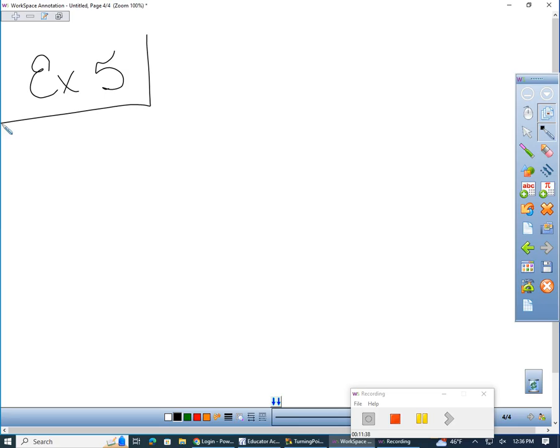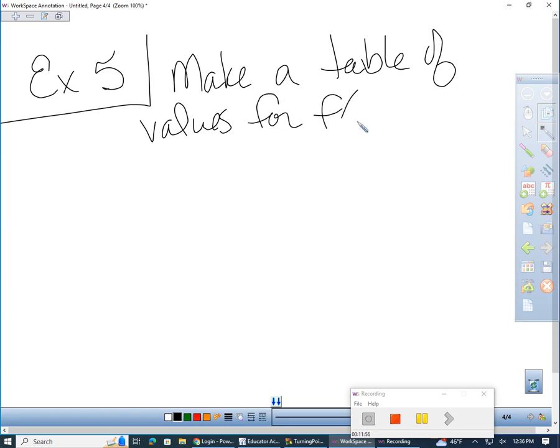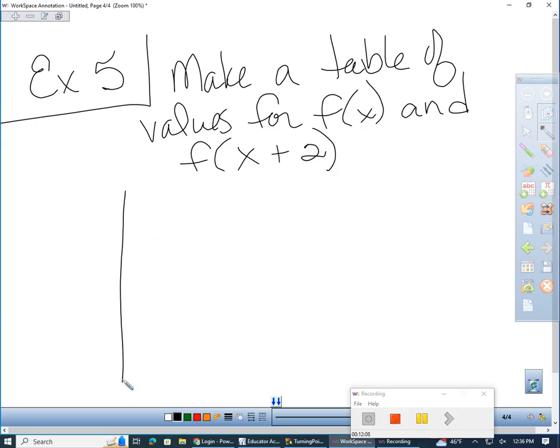For example number 5, make a table of values for f of x and f of x plus 2. I'm going to actually put it both in the same one.